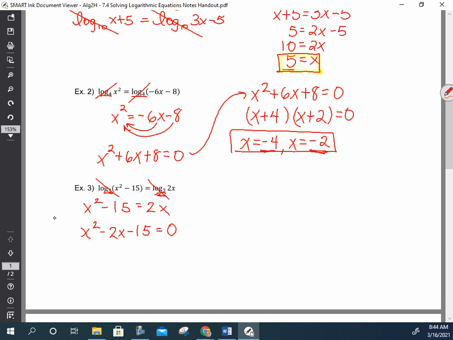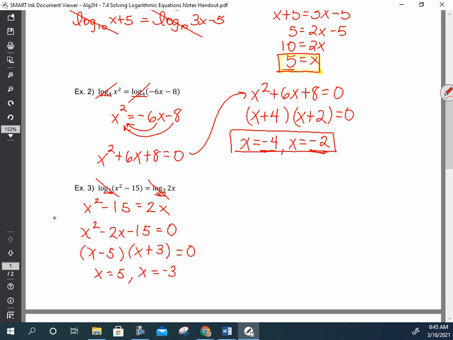Let's see if this is factorable. -5 and a positive 3. Yeah, that works. So x equals 5 and x equals -3.